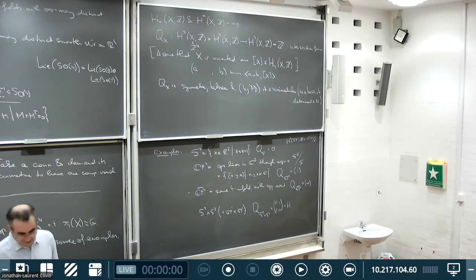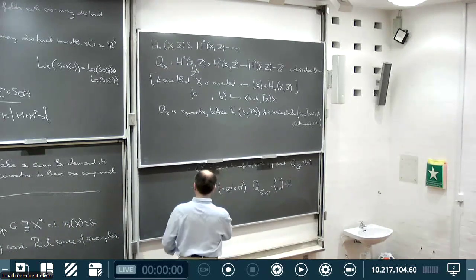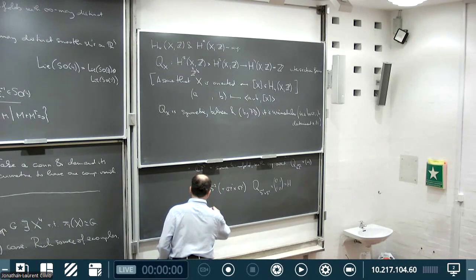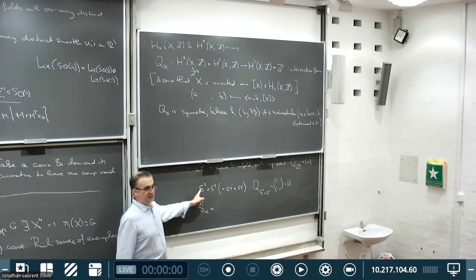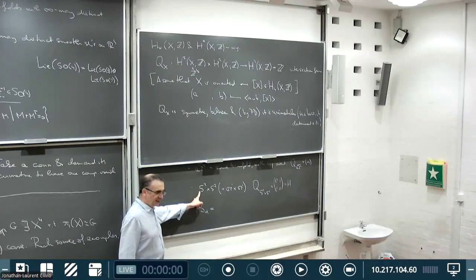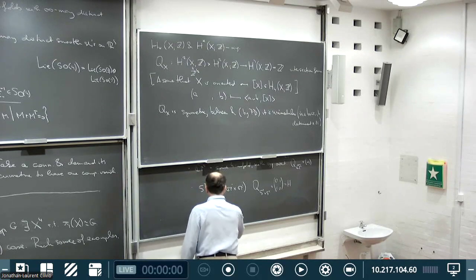And finally, there's this infinite family S_D, and I just realized that I also call it S. This refers to sphere, and this S is surface. These will be complex surfaces.